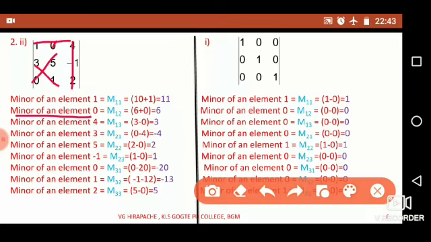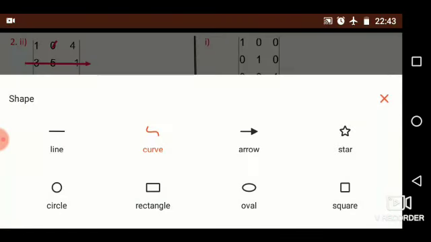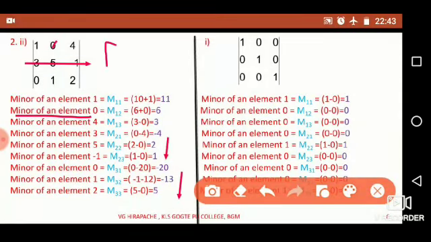Similarly, my dear students, we can find the minors of the second row and third row respectively. The minors of the second row are minus 4, 2 and 1. Similarly, the minors of the third row are 20, 30 and 5. Therefore, the minor matrix or determinant of the given matrix contains 11, the minor of the first one, then 6, then 3.